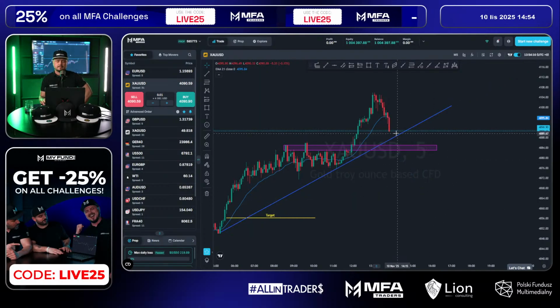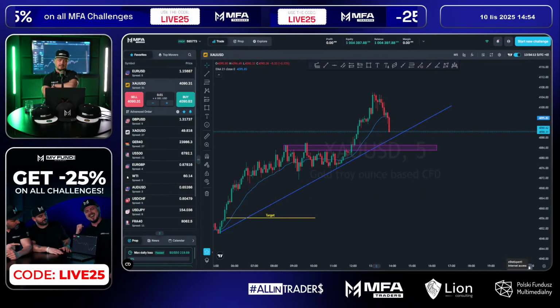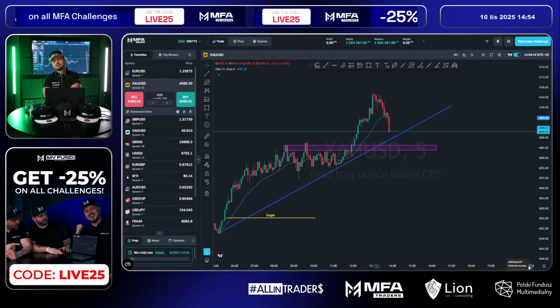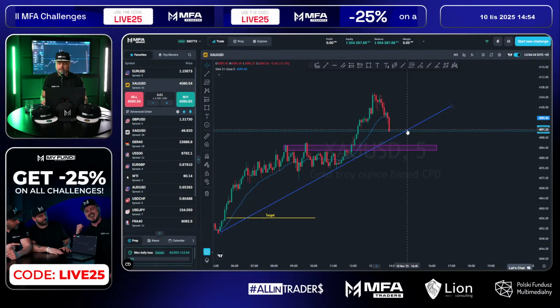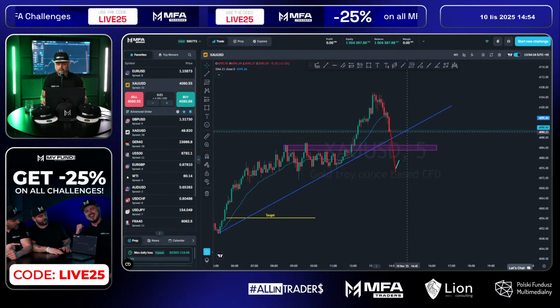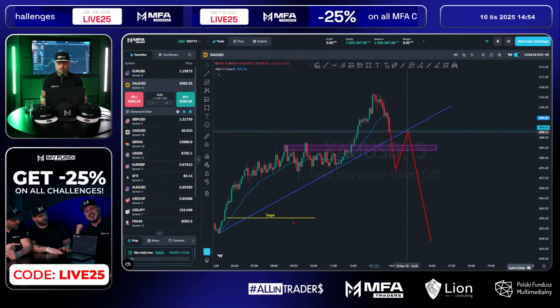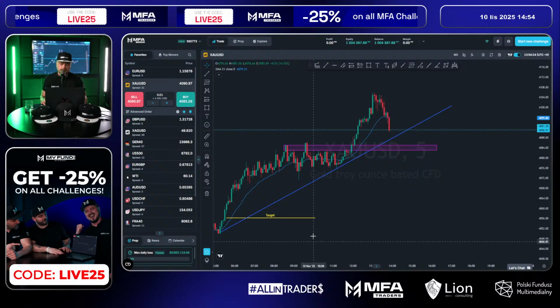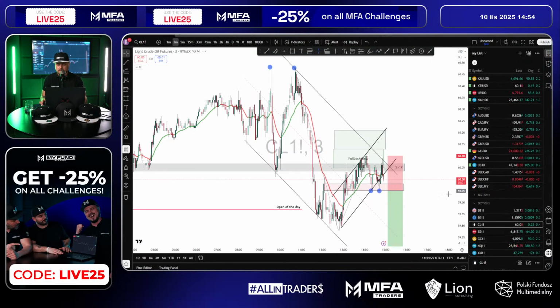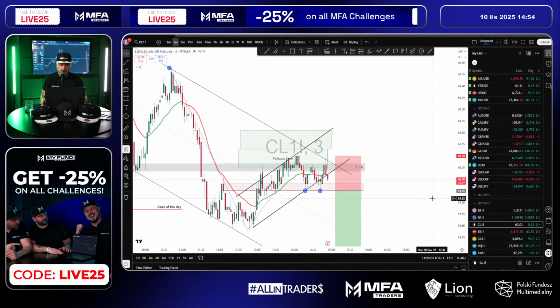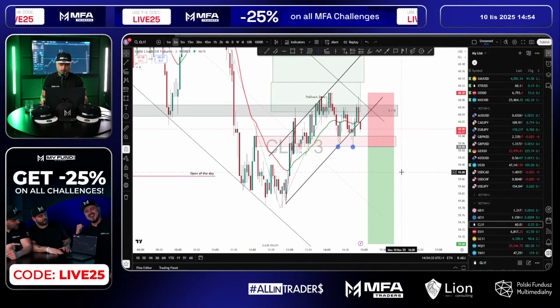Okay. So we might have our chance in a second because gold is dropping down a little bit. But of course, we need stronger reaction, stronger than retest, and then go. Okay. No rush. Slowly, slowly waiting for the perfect moment.